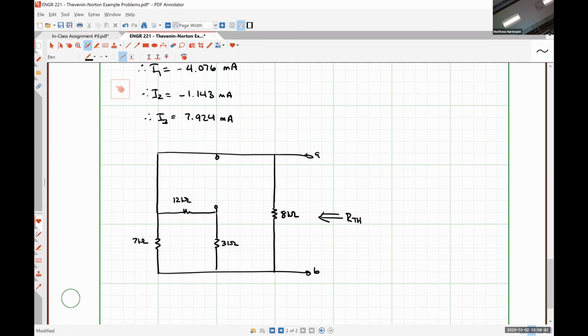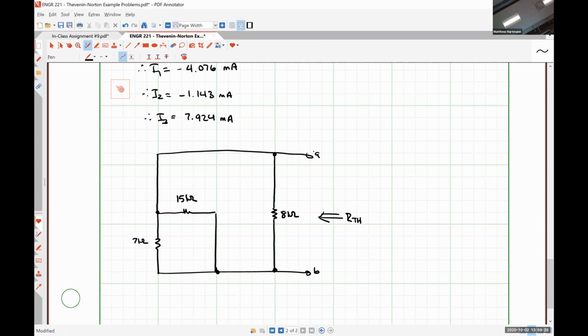So, what is it going to be? Anybody have any ideas, or how we might go about finding it? How are things connected, that kind of stuff. Okay, so the 3 and the 12 kilo ohm resistors are in series, so they look like a single 15 kilo ohm resistor. These terminals where the current source was aren't really doing anything, so I'm just going to erase them. I just wanted you to know where I took it out from. So what do we have now?